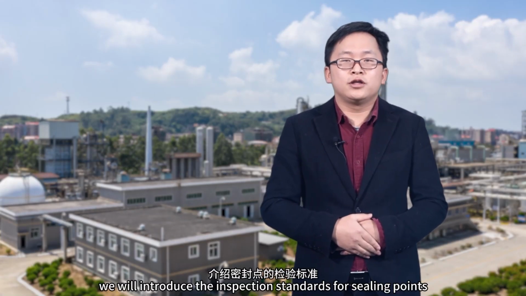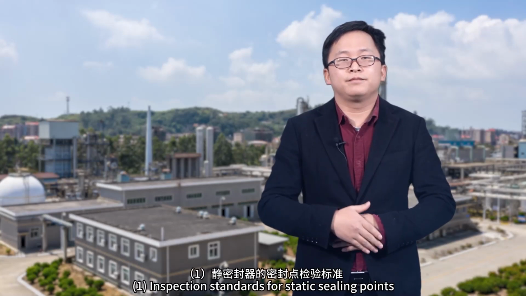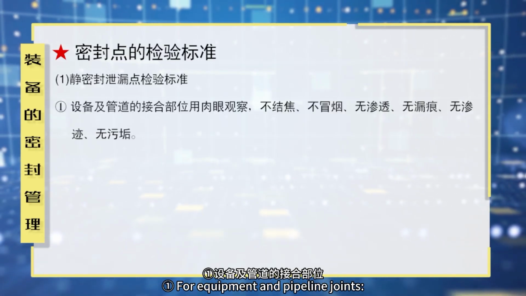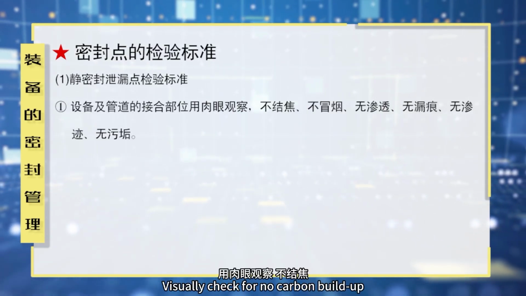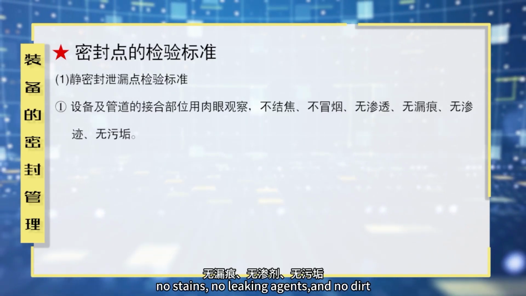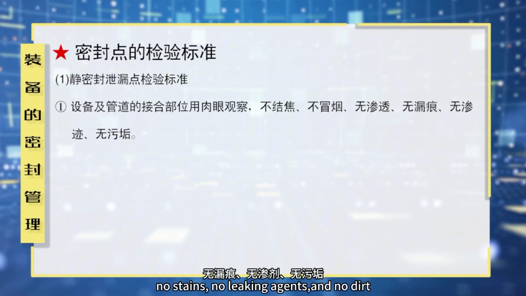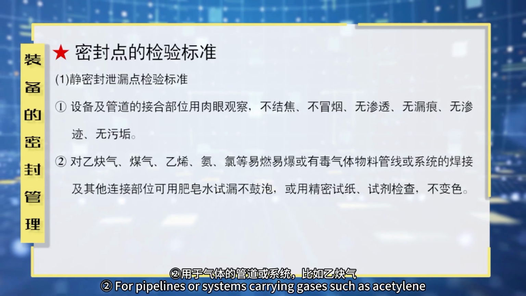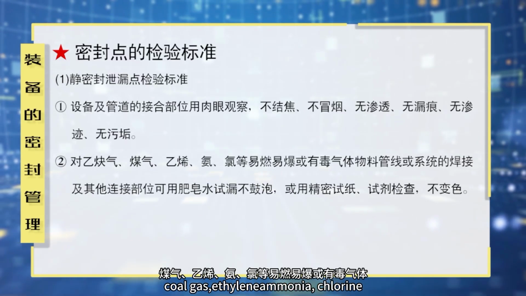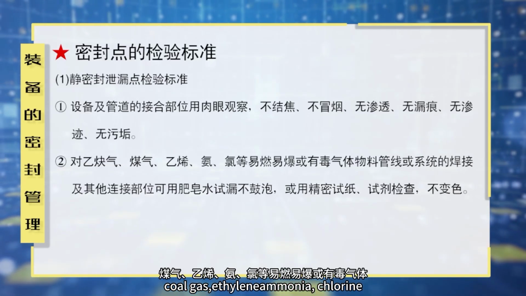Next, we will introduce the inspection standards for sealing points. First, inspection standards for static sealing points. First, for equipment and pipeline joints. Visually check for no carbon buildup, no smoke, no leakage, no stains, no leaking agents, and no dirt. Second, for pipelines or systems carrying gases such as acetylene, coal gas, ethylene, ammonia, chlorine.